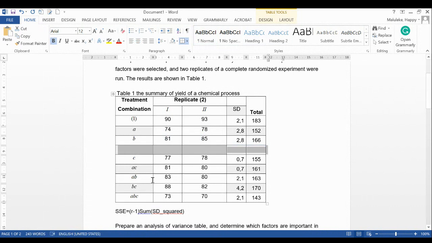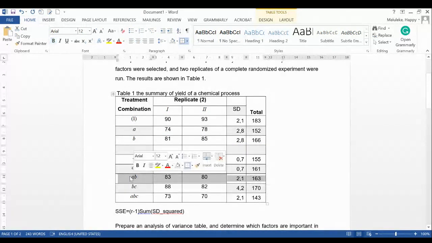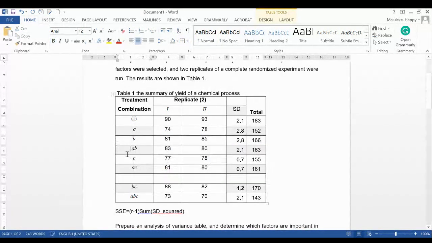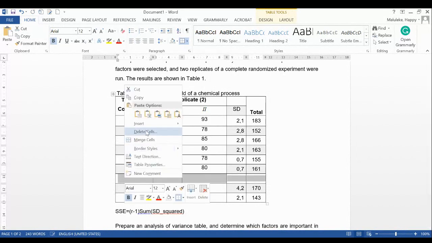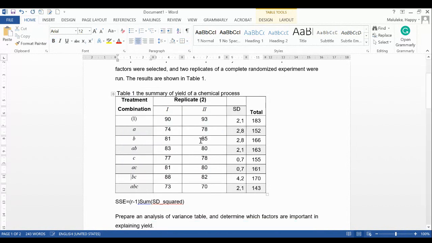There's a problem somewhere here, isn't it, guys? Because now we are saying we have to use the Yates algorithm, so this one was supposed to be here, right? Are we happy now?